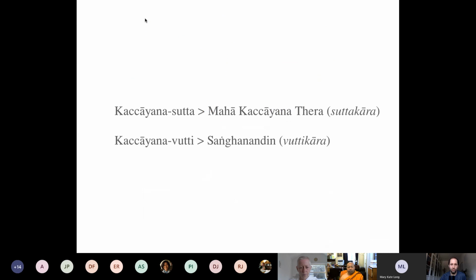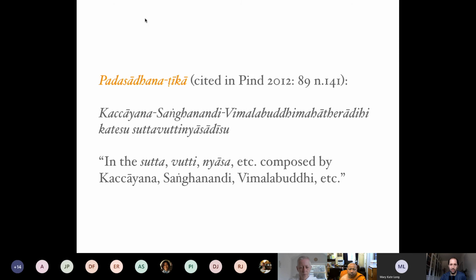Generally speaking, the convention is that the Kaccāyana Sutta is composed by Mahakaccāyana Thera. That's what tradition says. He is normally called the Suttakara, the maker of the Sutta, and the Kaccāyana Vritti is ascribed to a certain Sanganandin, who is many times not mentioned by name, but simply as the Vrittikara, the maker of the Vutti.